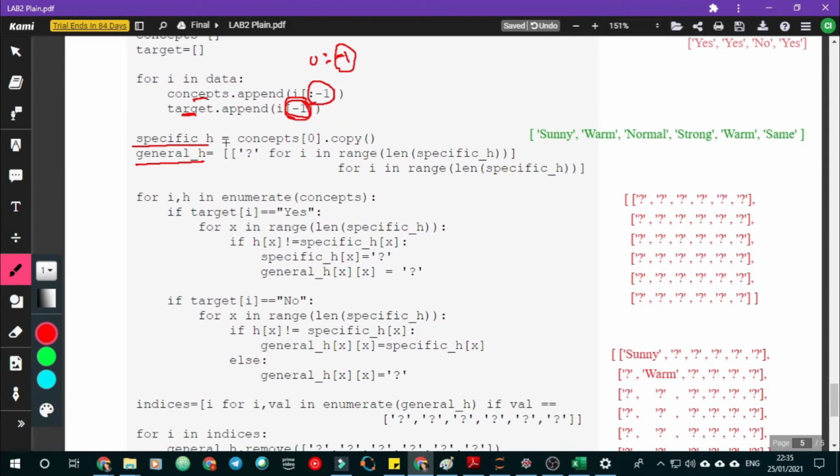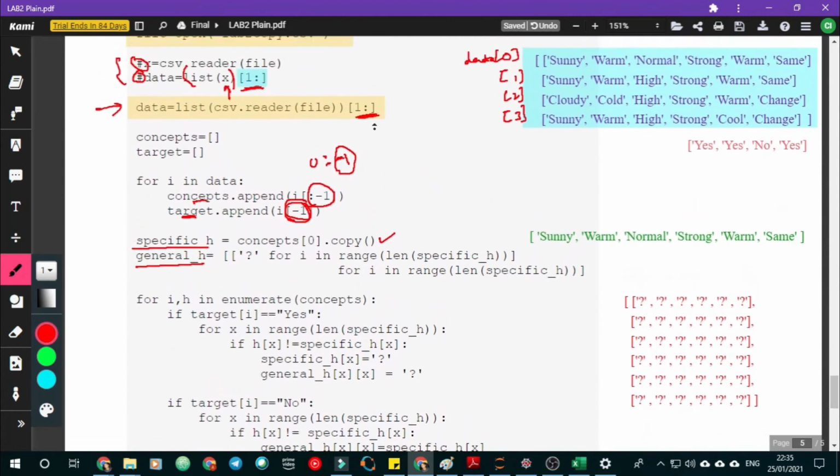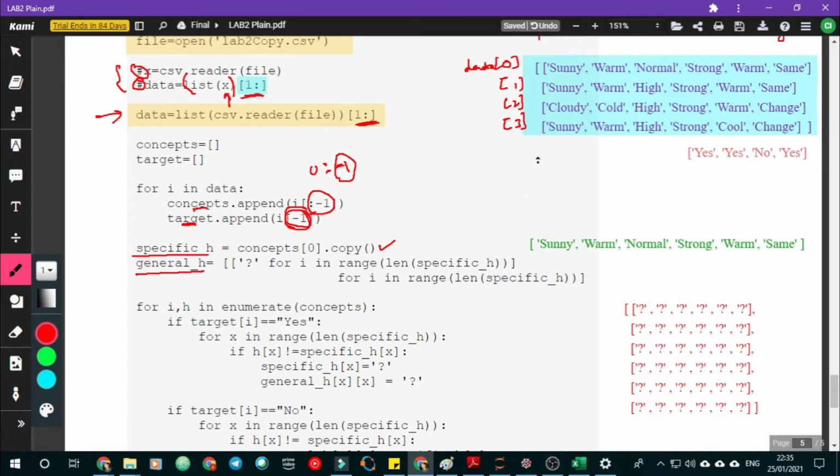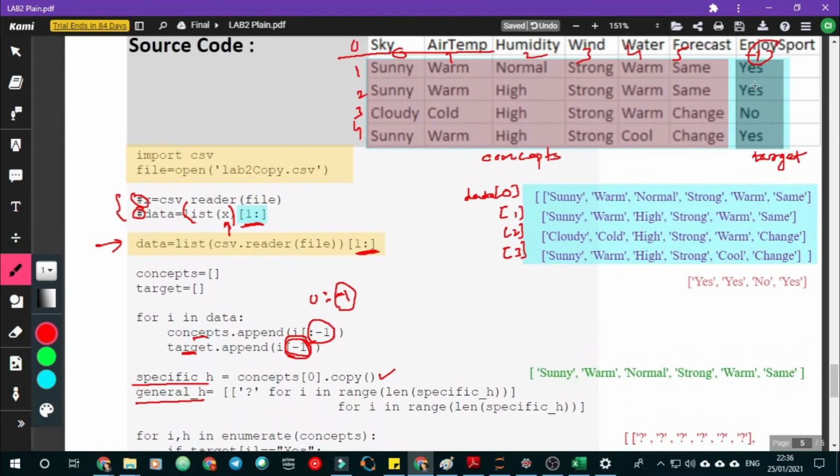And specific hypothesis, this is my specific hypothesis: concept of 0. Why did I take this as the specific hypothesis? Because I already know that the outcome of the first example is yes, right? If you have taken this as the first hypothesis, then you cannot write this.